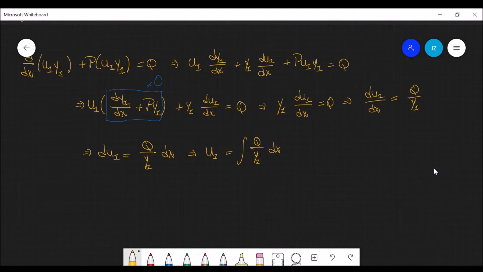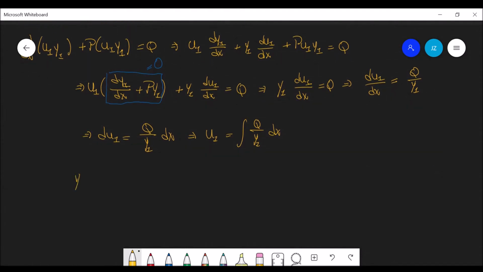Therefore, our particular solution is y1 of x times the integral of q of x over y1 of x dx.